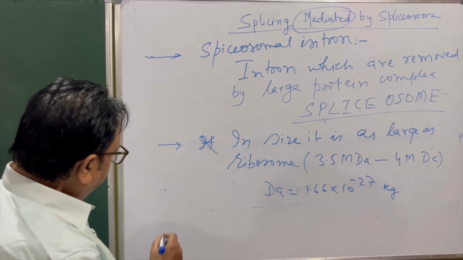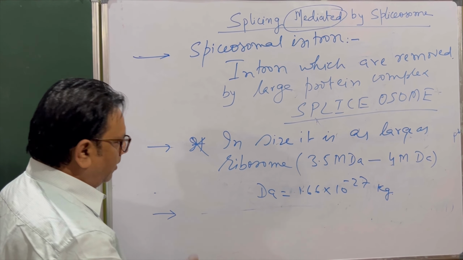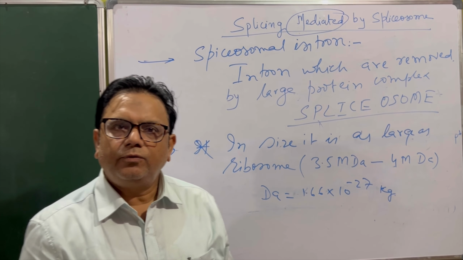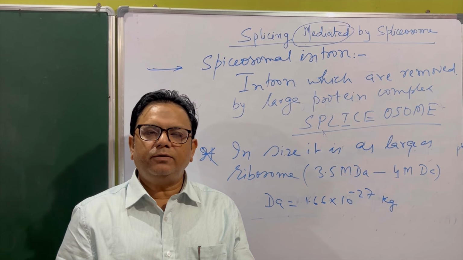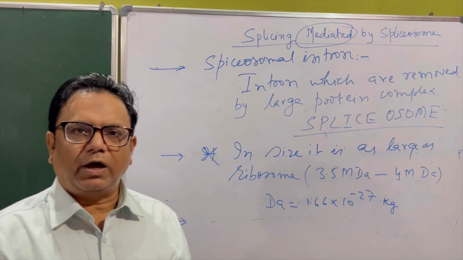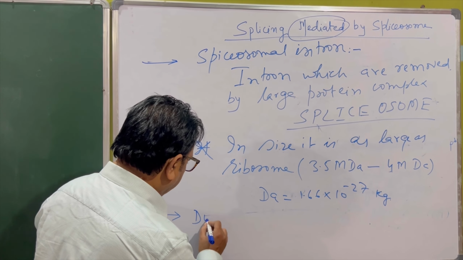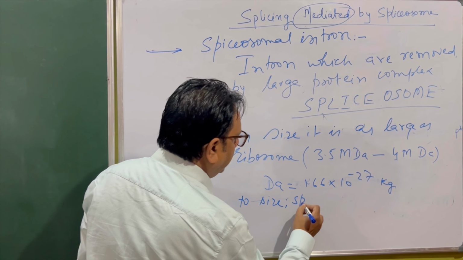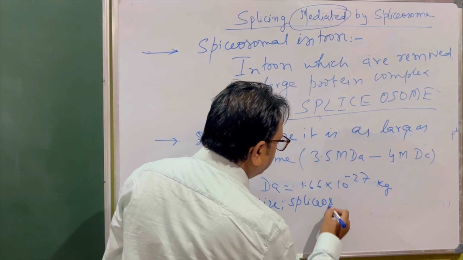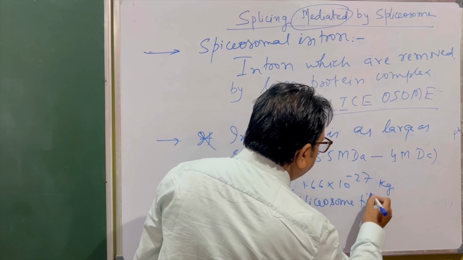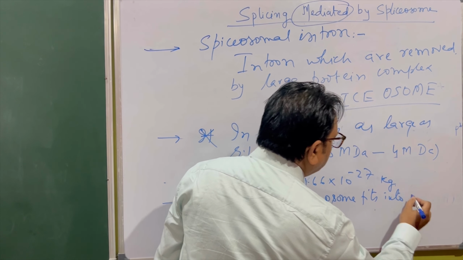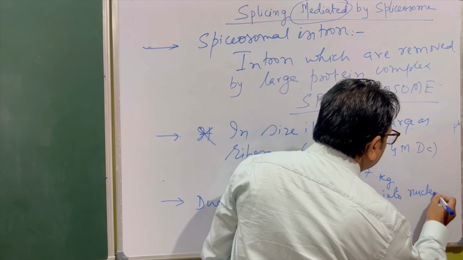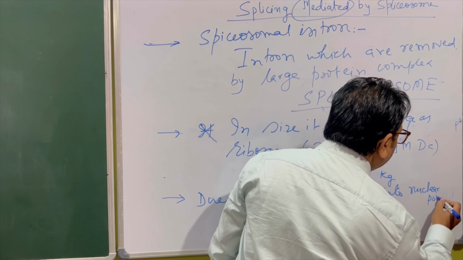Okay, so that is the atomic mass unit in terms of kg. So how does size matter? What is the function of its size? Due to its size, a spliceosome fits into nuclear pores.